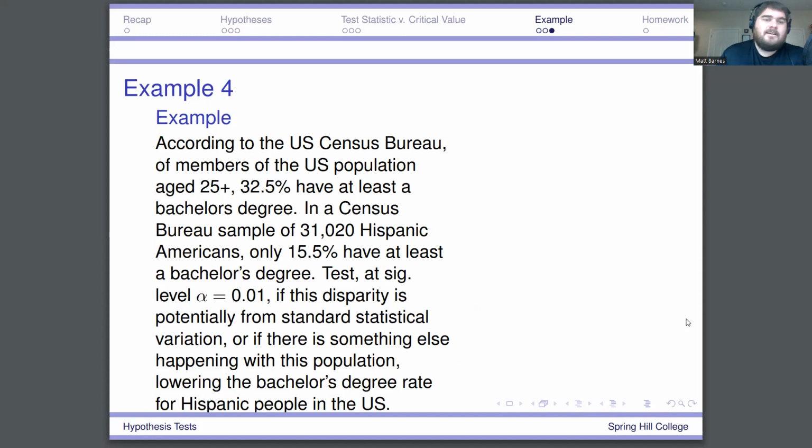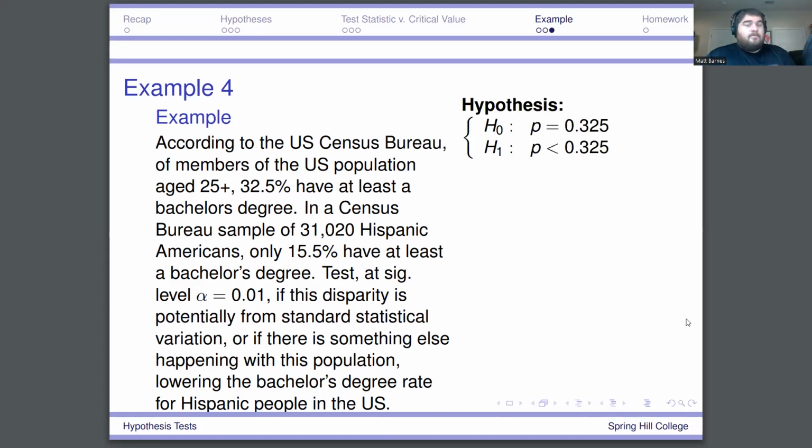So we're going to test again at a 1% level of significance, so alpha equals 0.01. Is this disparity just random happenstance, standard statistical variation, or is there something else happening that might be lowering the number of bachelor's degrees that Hispanic Americans get.